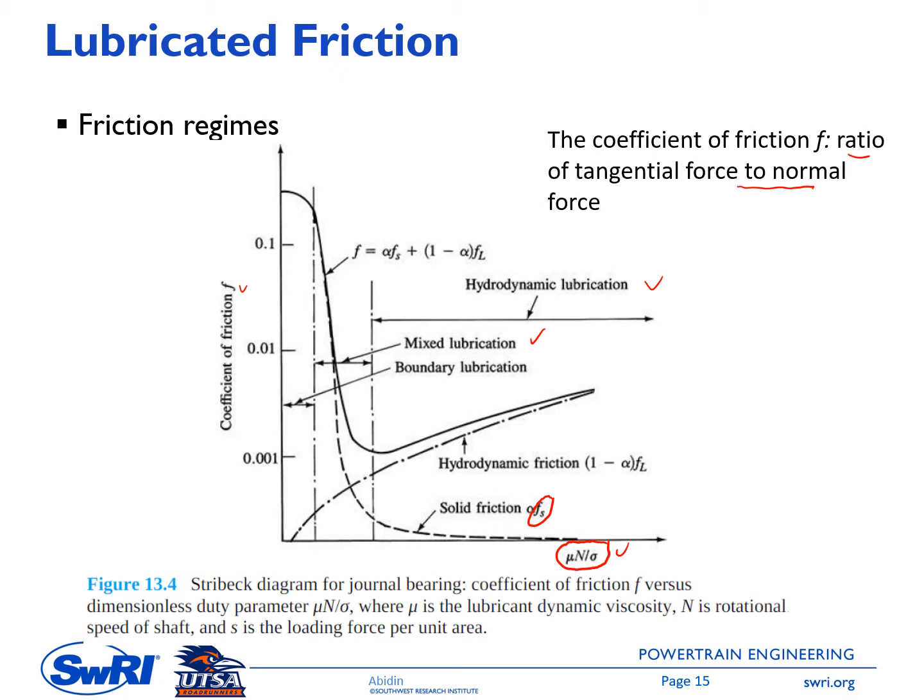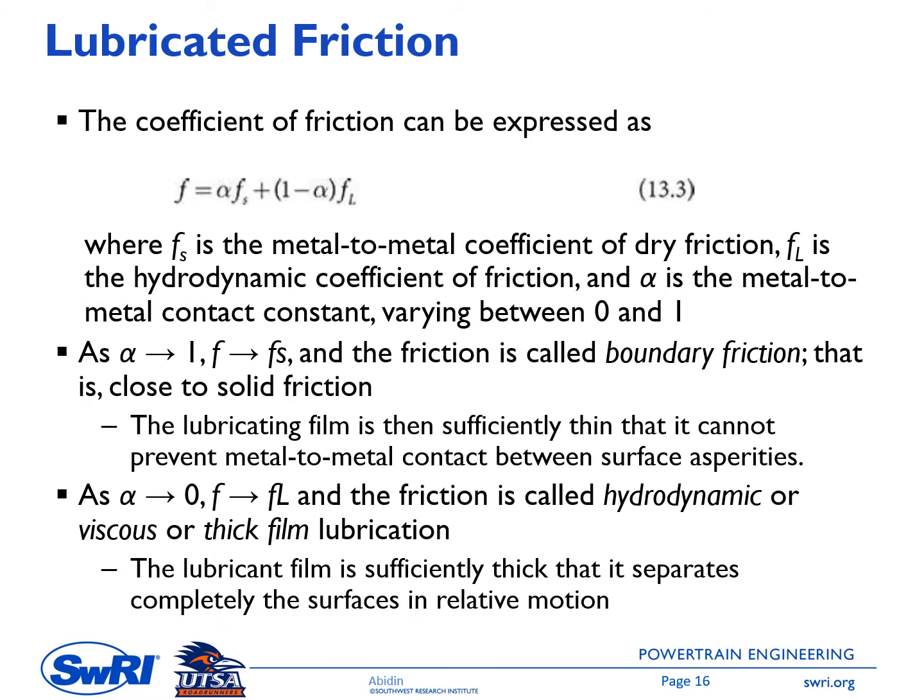As you can see in this figure, the coefficient of friction f is close to Fs for lower load, and then in between it will be a kind of weighted average between Fs and Fl. So Fl is the hydrodynamic friction coefficient. The coefficient of friction f can be expressed following equation 13.3.